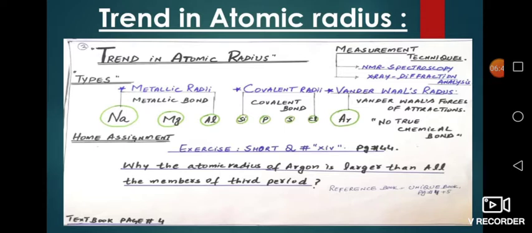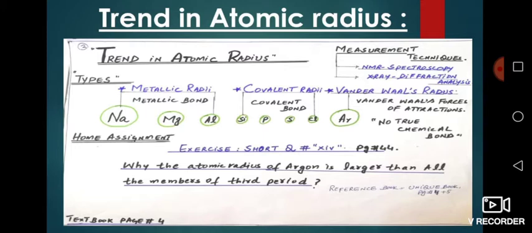Atomic radius may be of two types on the basis of number of electrons lost or gained. It may be cationic radii or it may be anionic radii. This is a conceptual work for your ETA test. Most of the time, this question appears in the ETA test, that which one is greater, atomic radius or cationic radius.